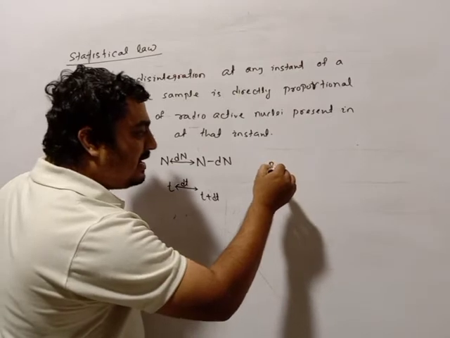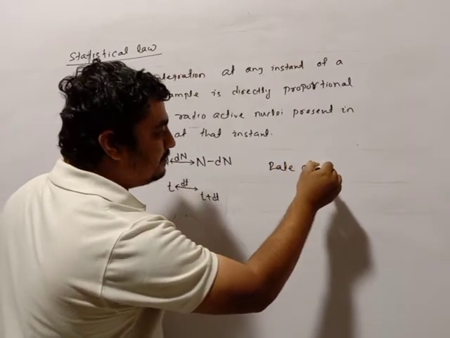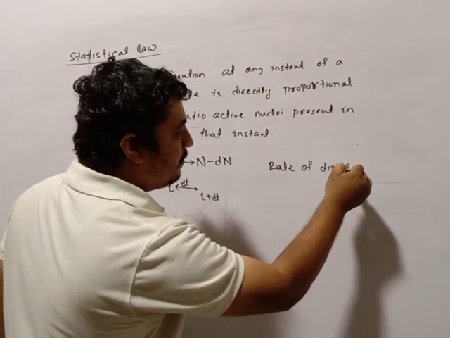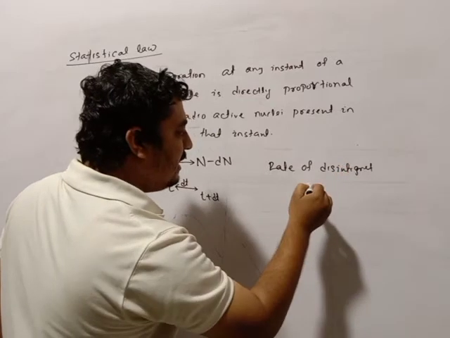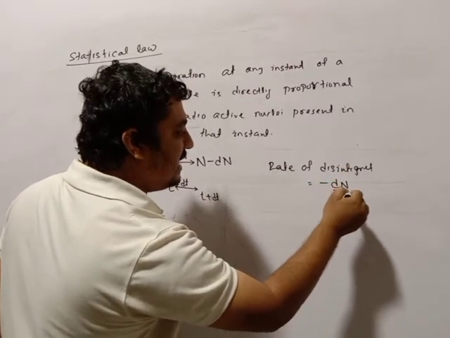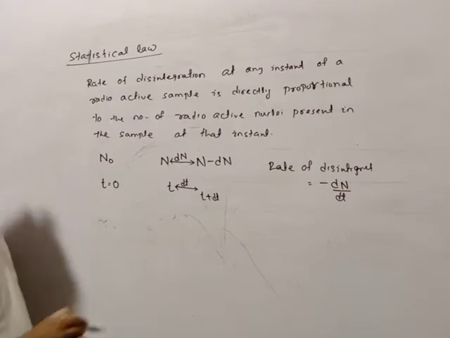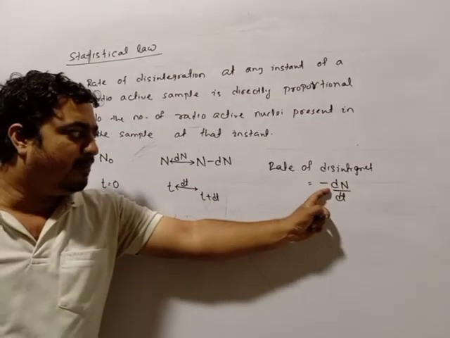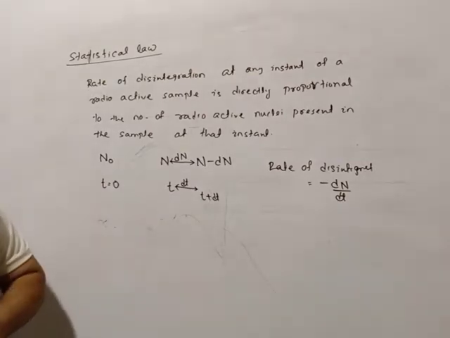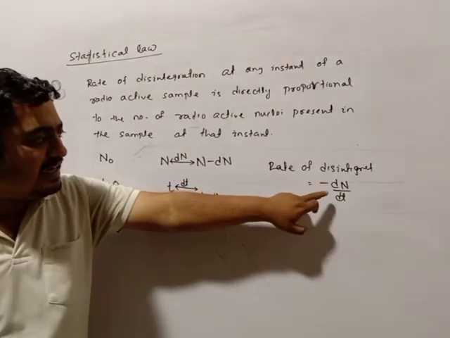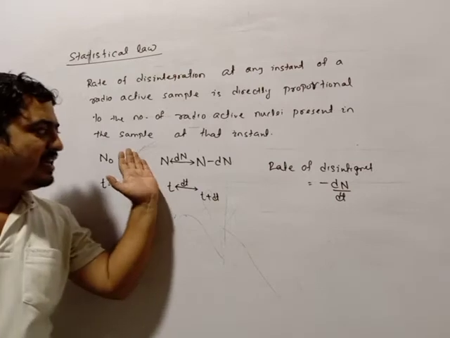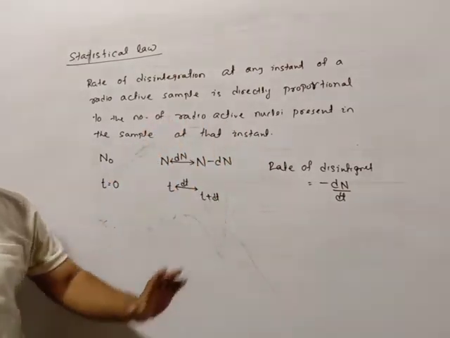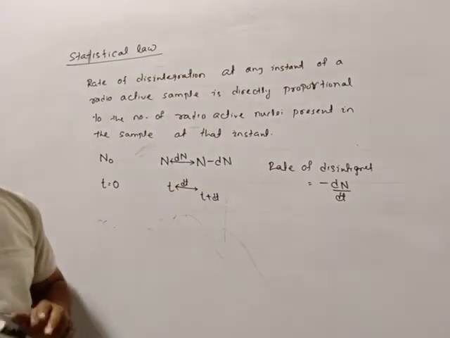So the rate of disintegration at time t is minus dn by dt. Here, the negative sign suggests that the number of radioactive nuclei decreases with time.